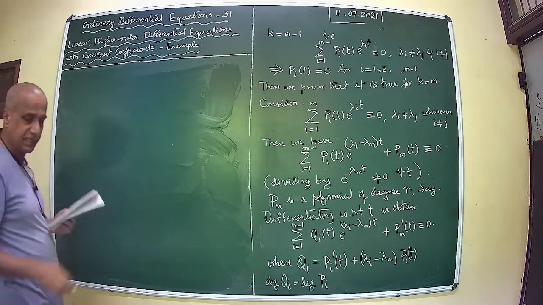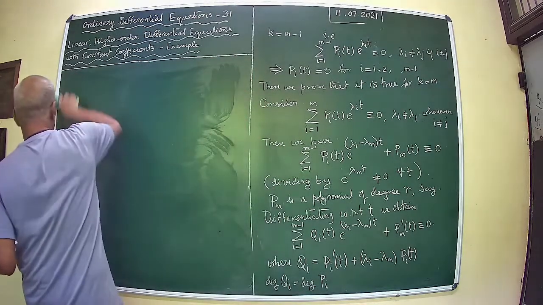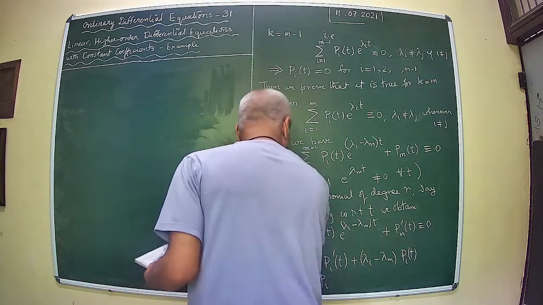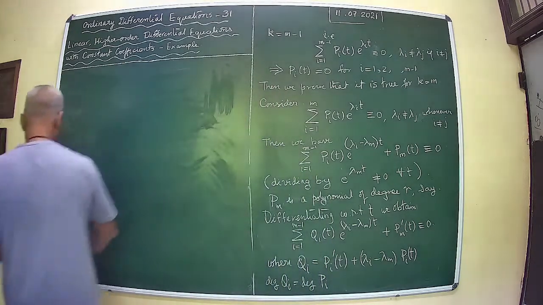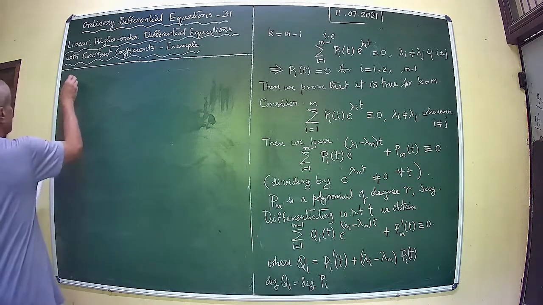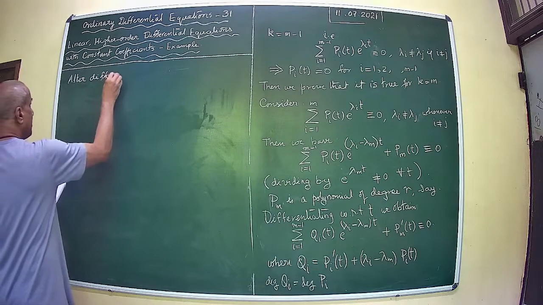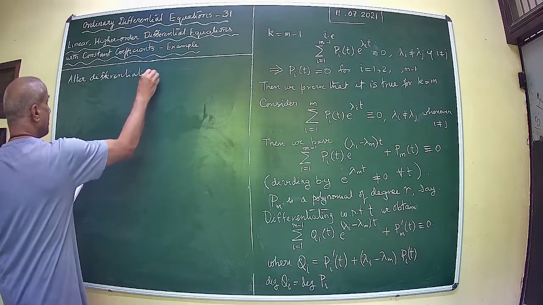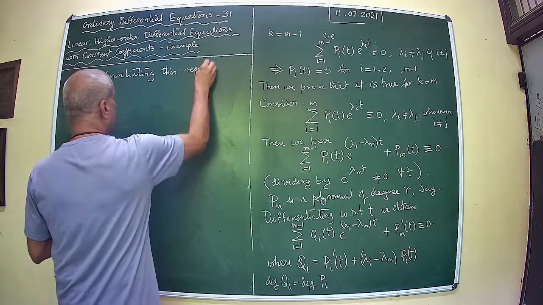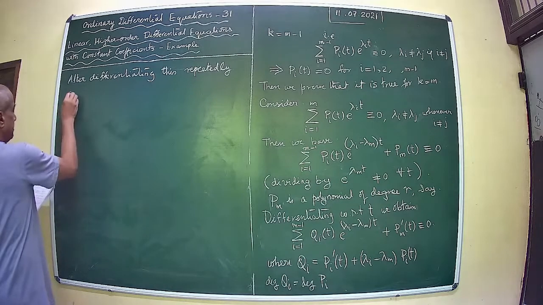Now after differentiating this relation with respect to t as many times as you required to get rid of that last term, Pm derivative of t, sufficiently many times.